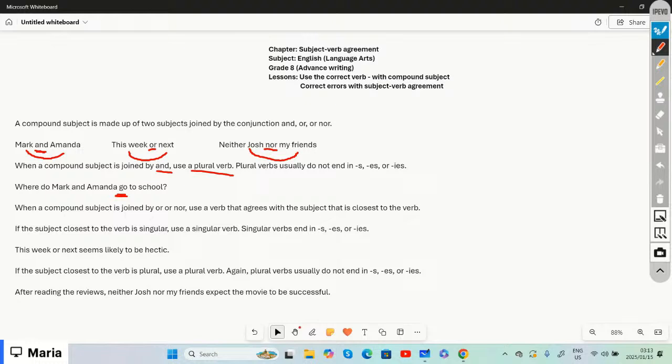And also now when our compound subject is joined by or. So if our compound subject is joined by either or nor, then it means that we need to use a verb that agrees with the subject that is closest to the verb.